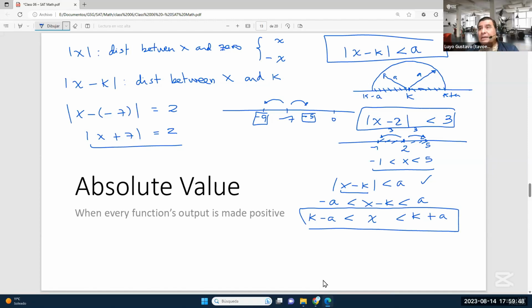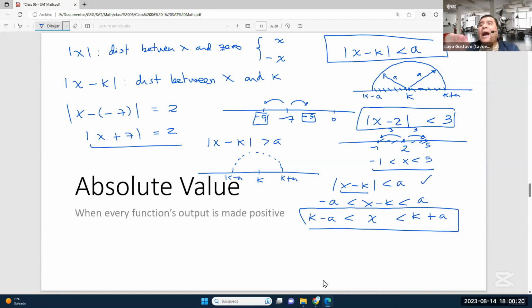On the contrary, if they ever tell you that, for example, the distance between x and a certain number k is greater than a units, it means something like this. Imagine, here is a number line, here is k, and since we consider here a range of a units all around k, here would be k plus a, here would be k minus a.